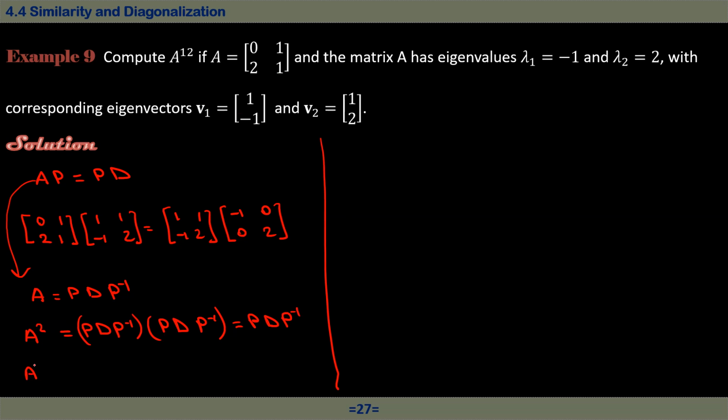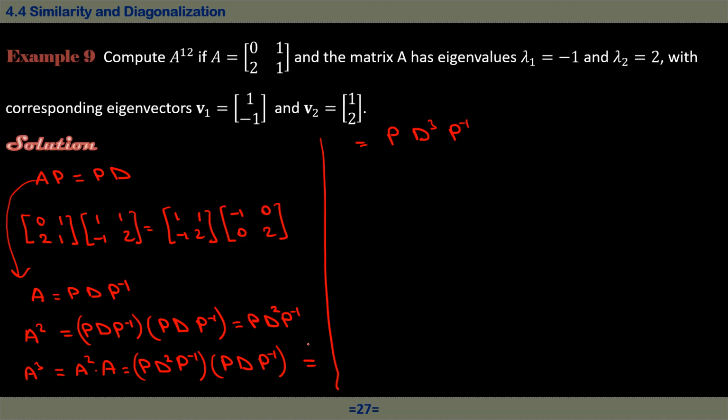And how about A cubed? A cubed is A squared times A. A squared is P D squared P inverse, and multiply by A, which is P D P inverse. If you evaluate this, P inverse times P is just the identity matrix, D squared times D is D cubed, and here we have P inverse, right?